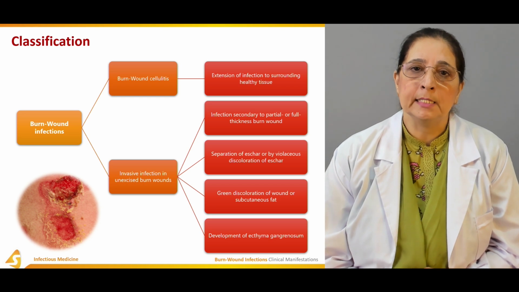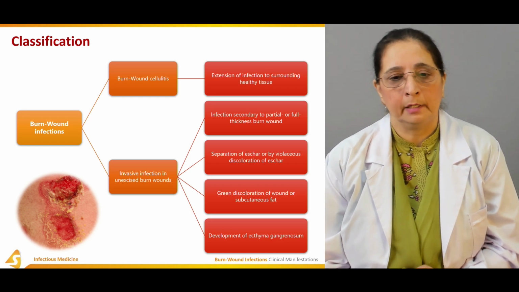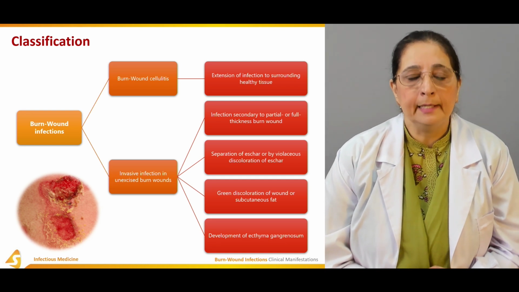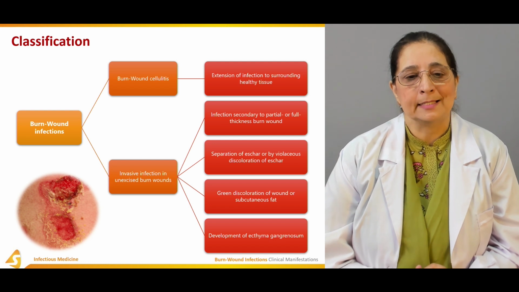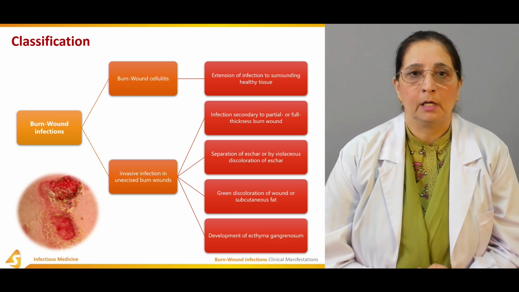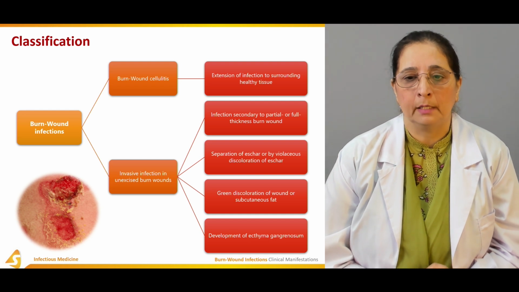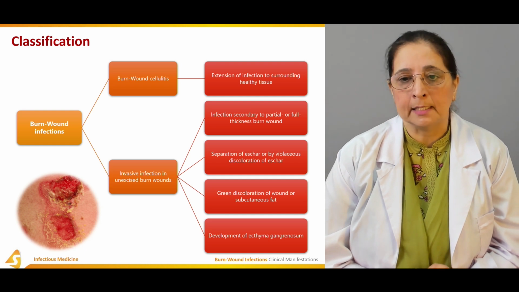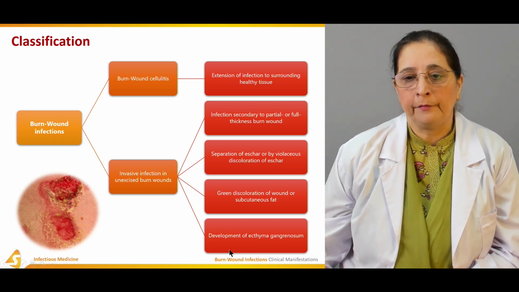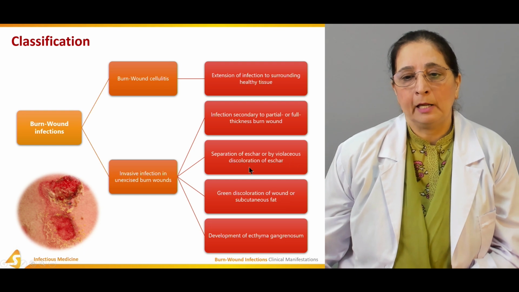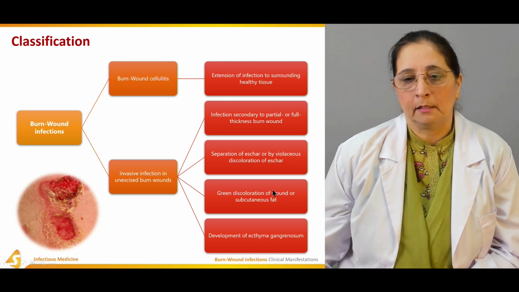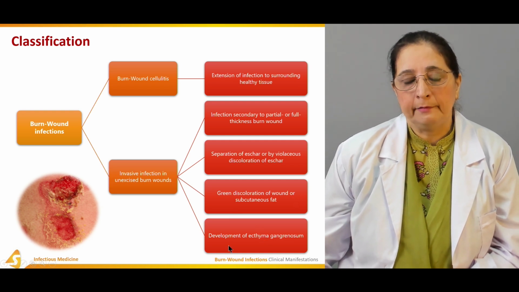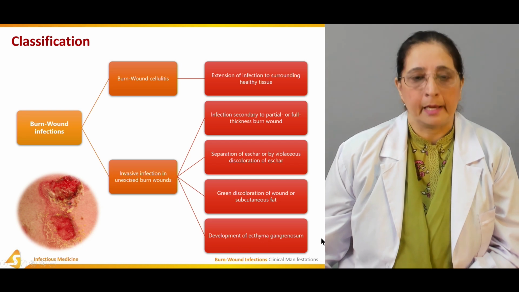Burn wound cellulitis if it spreads to the surrounding area. Invasive infections of the unexcised burn wound, which is not excised, debridement is not done. Infection usually is secondary to partial or full thickness burn wounds, separation of eschar or violaceous discoloration of eschar, green discoloration of wound or subcutaneous fat, development of ecthyma gangrenosa.